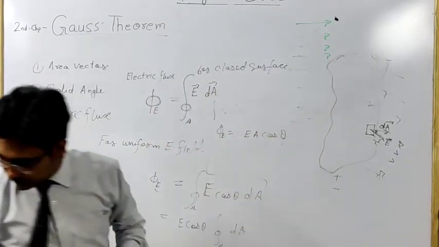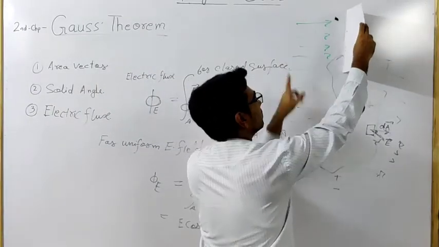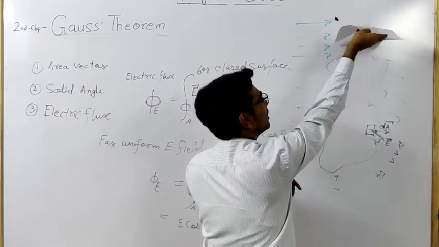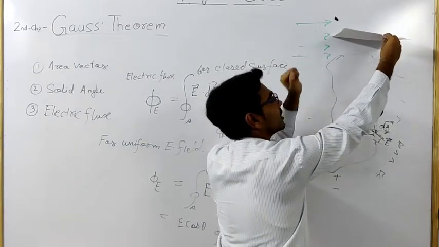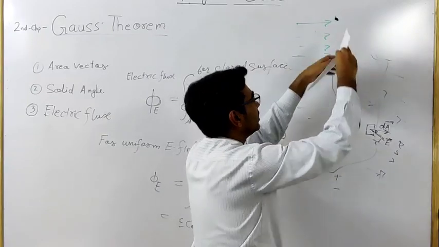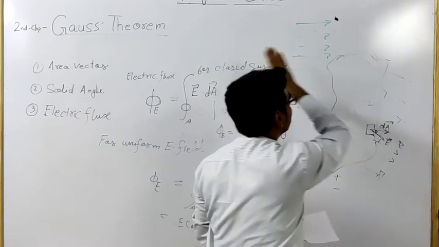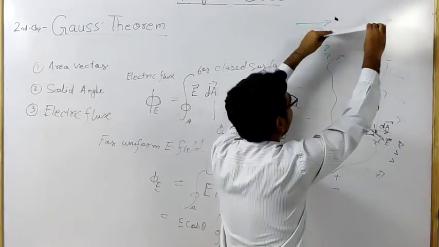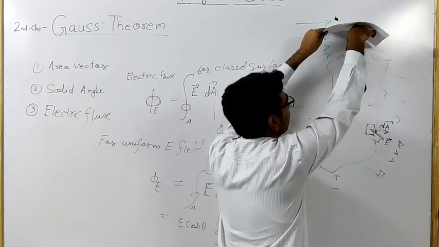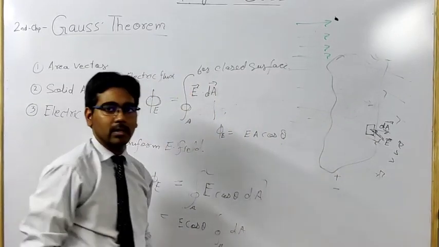If this is the area, all 4 lines are passing through it. If the area is turned like this, no lines of force pass through it. So when theta is 0, that is, the electric field is in the direction of the area vector, maximum lines will pass. If theta is 90, that is, if we hold the surface like this so the area vector is downward, no lines will pass.